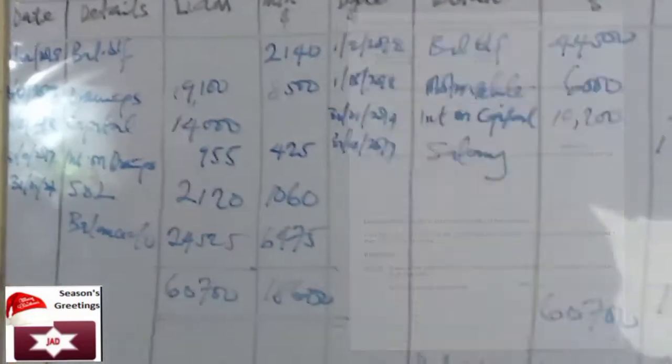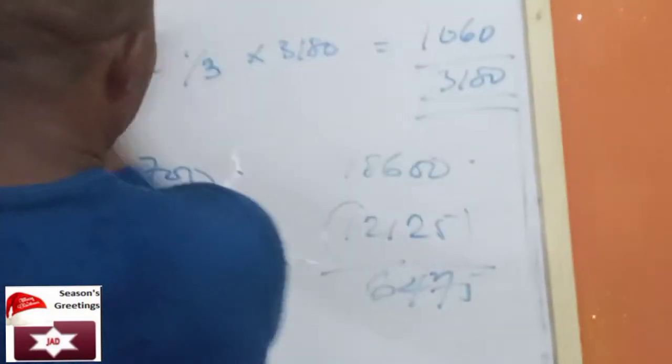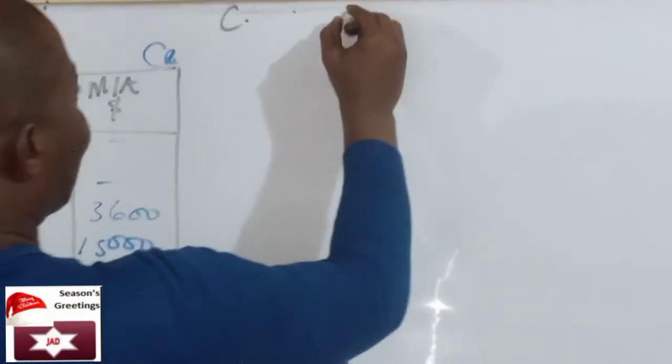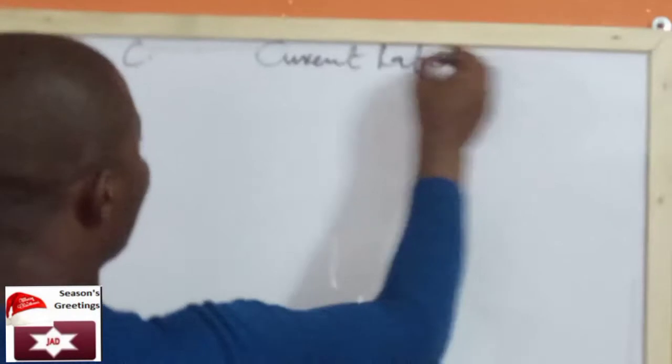Requirement C seems to be to calculate the current ratio. Remember your accounting ratios.